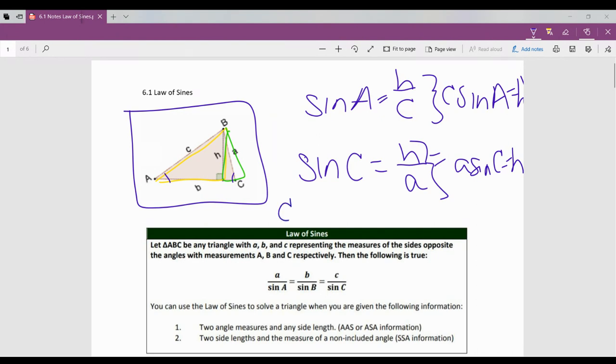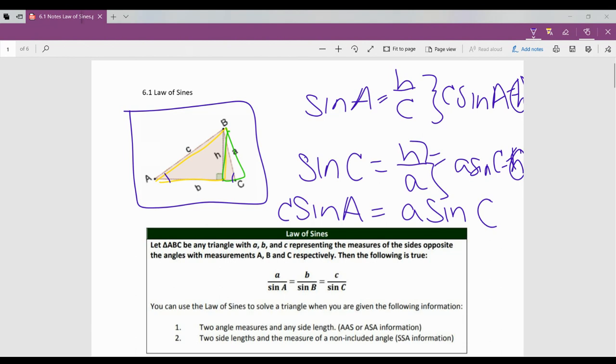So C sine of A is equal to A sine of C, because they're both equal to H. So you can set them equal to each other.